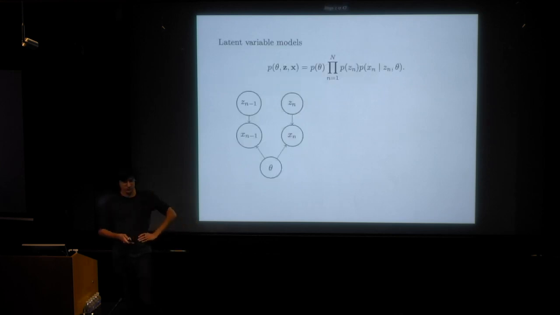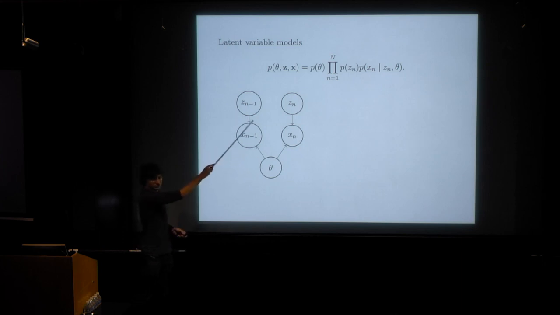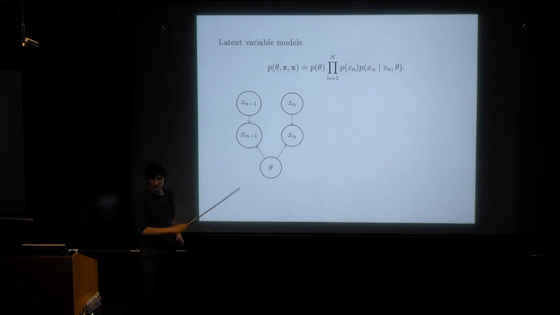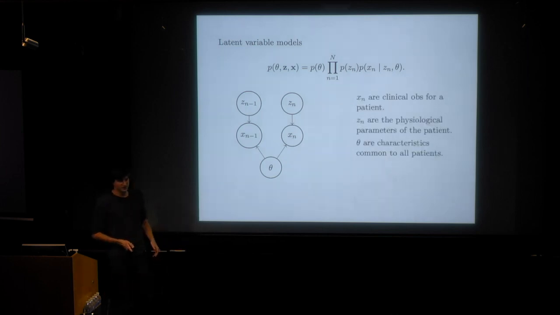So as a motivation, I'm just going to introduce the latent variable model. And the characteristic here is that for each of my observations x, I'm going to have an associated latent variable, and then also some global parameter that's common to every observation. So one example would be, let's say we're running a clinical trial, and we have observations across different patients.